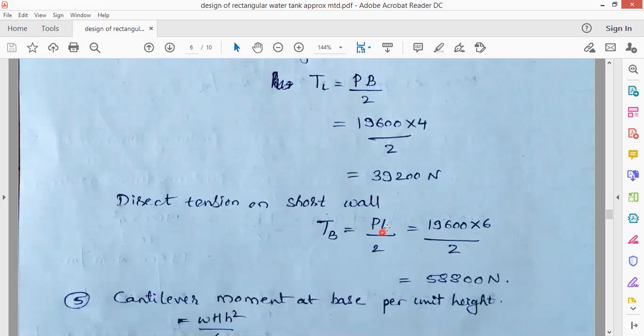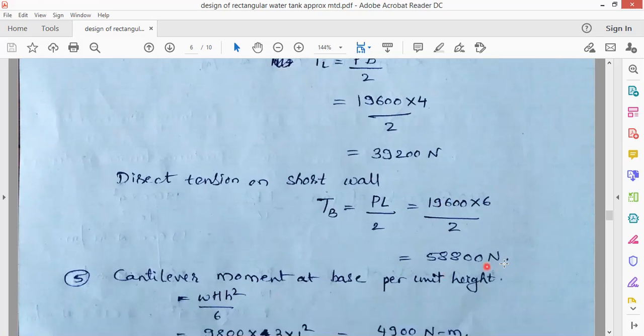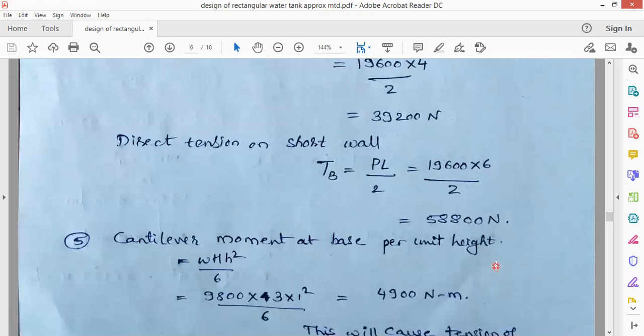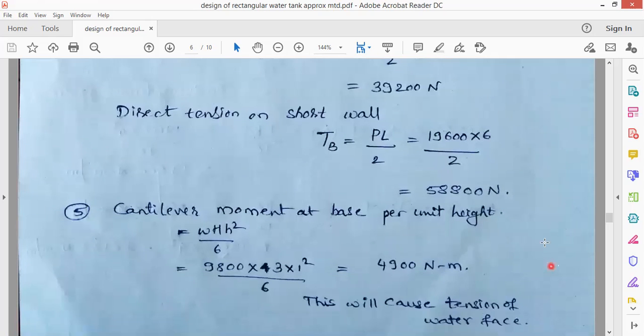Similarly, for the short wall, it is PL by 2. So it is P into L, which is 6, divided by 2. It is 58,800 Newton. And we have a cantilever moment also at the base, at a height of 1 meter. So it is WH into H square by 6. So it is 9,800 into 3 into 1 square by 6.